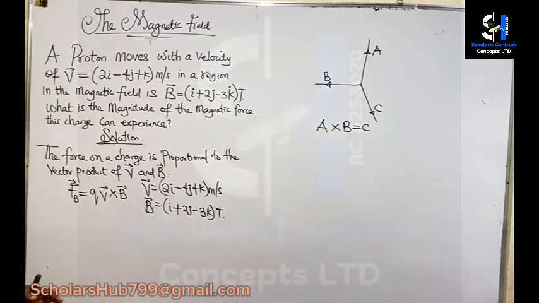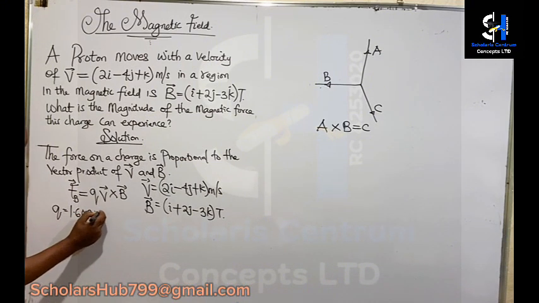In this case, we're going to write this in matrix form. We know the magnitude of charge is 1.602 times 10 raised to the power of negative 19 coulombs.